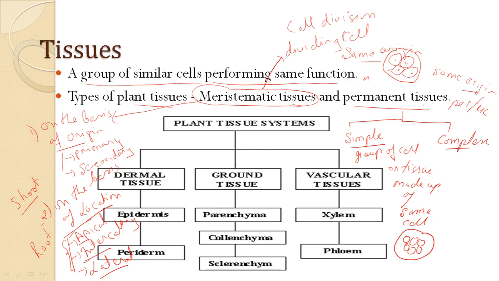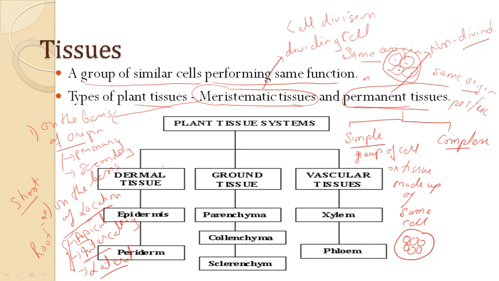The most important thing about permanent tissue is that it is non-dividing. That is, there is mostly no cell division seen here, while cell division mostly takes place in the meristematic tissue.